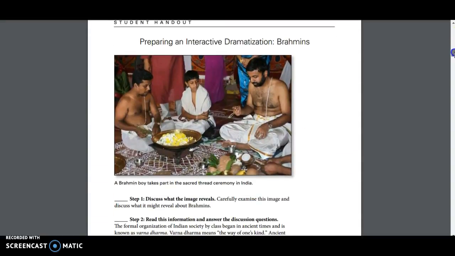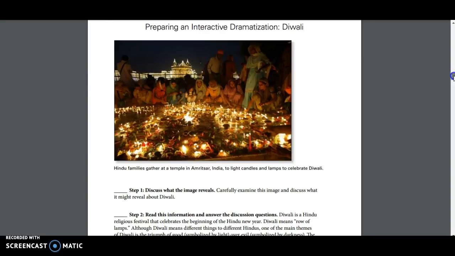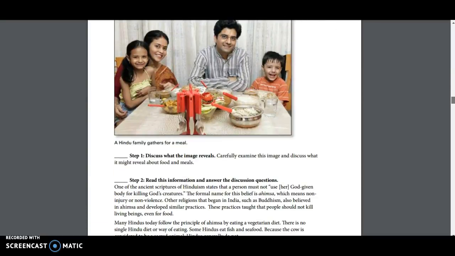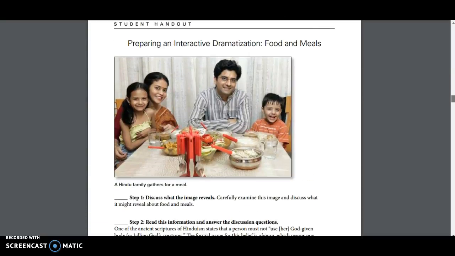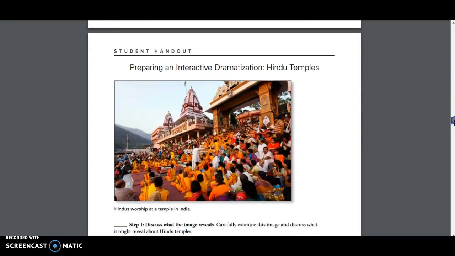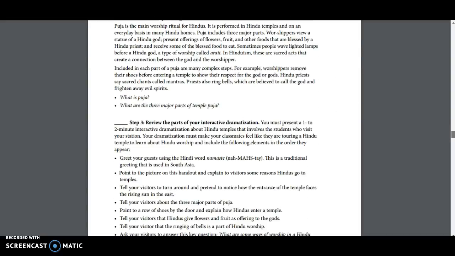You'll repeat it for the Brahmins, steps 1 and 2, and answer your questions. You'll repeat it for Diwali, steps 1 and 2, and answer your questions. You'll repeat it for food and meals, do steps 1 and 2, and answer the question in your ISN. For Hindu temples, same thing, steps 1 and 2, and then answer the question in your ISN.